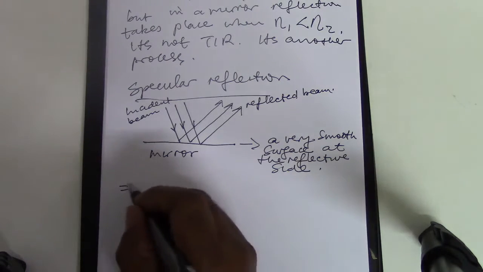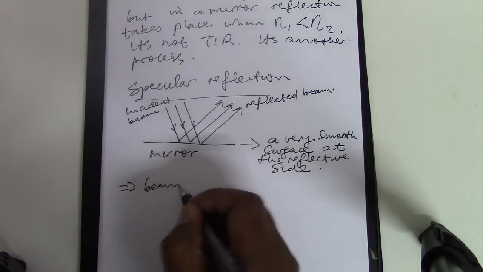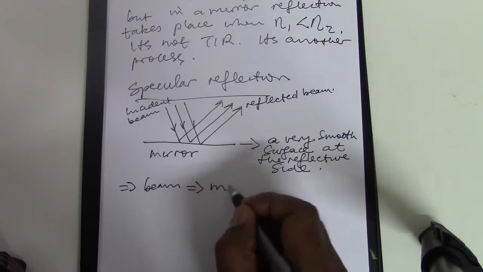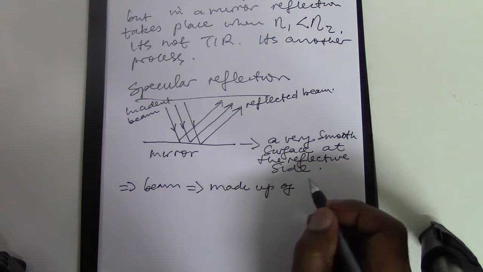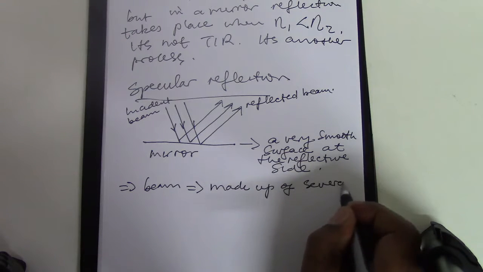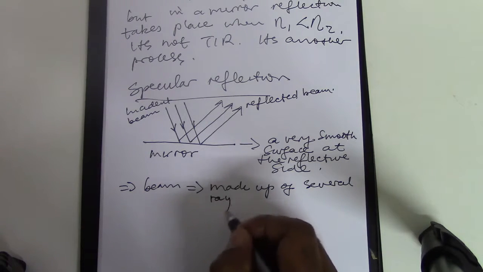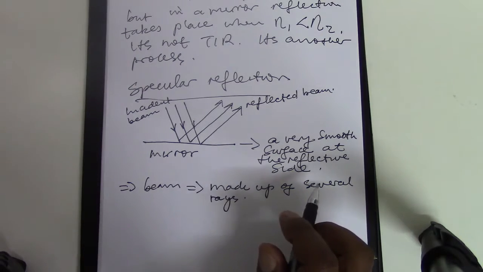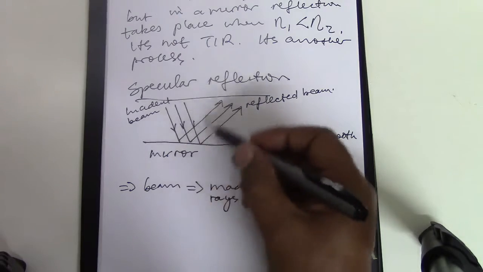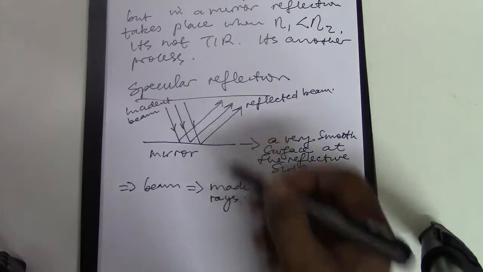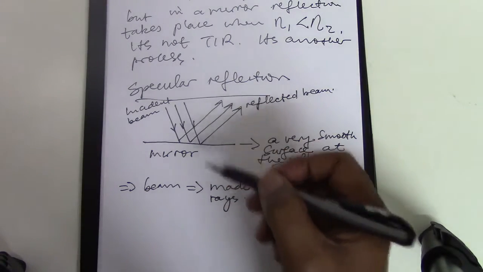Now check. When we talk of a beam, it's made up of several rays. Actually, there are a lot of rays in a beam, but here we are just representing a few rays in the beam.